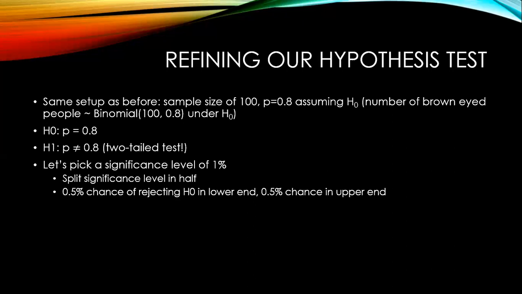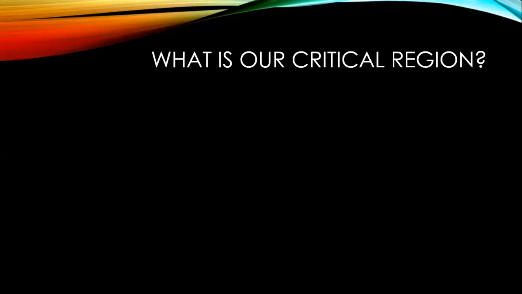So 1 divided by 2 is a half. We split a 0.5% chance of rejecting H naught to the lower side of the distribution, and a 0.5% chance of rejecting H naught to the upper side. This makes the test a more even test, a better hypothesis test.